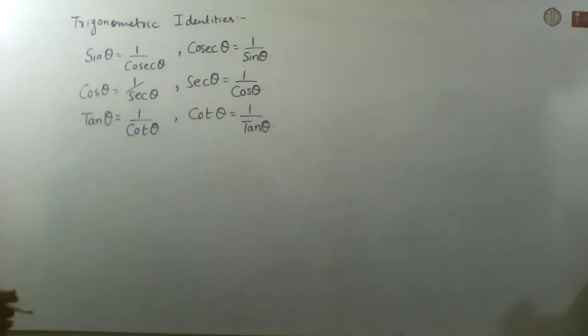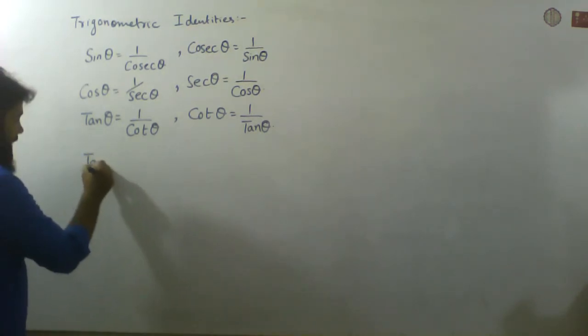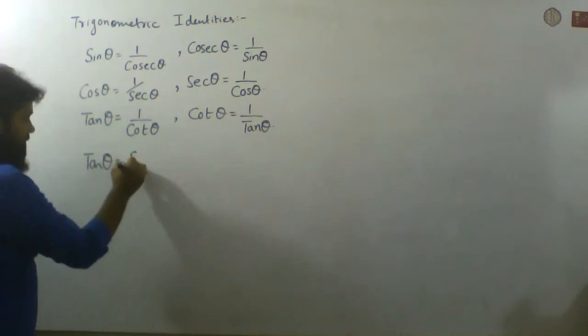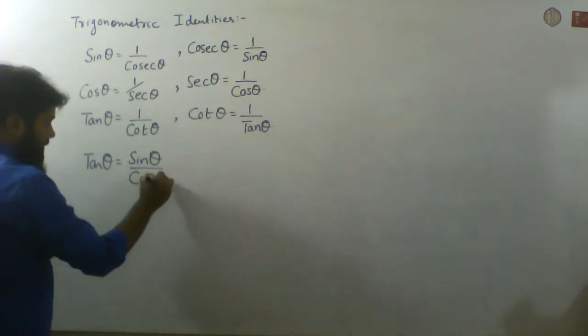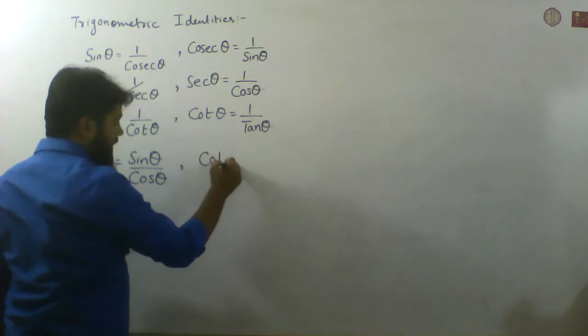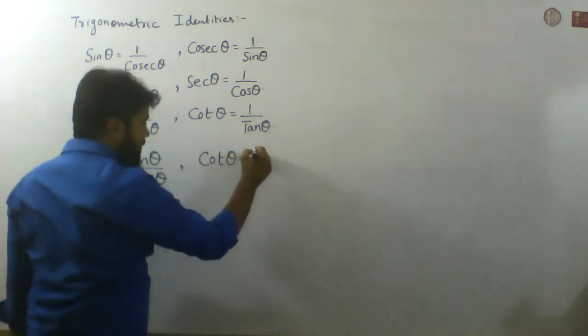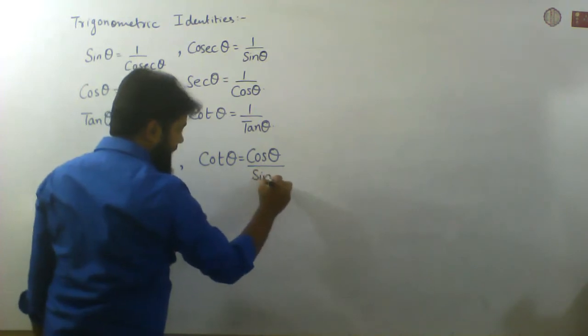Okay, now tan theta, with the reference of sine and cos, is sine theta over cos theta, and cot theta will be equal to cos theta upon sine theta.